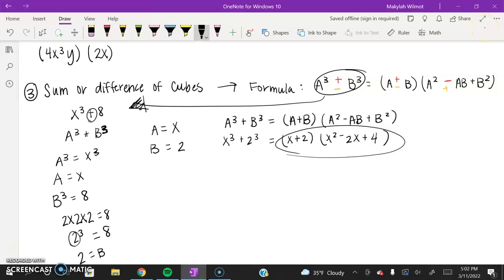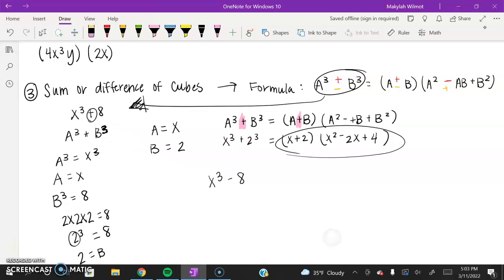So like if it's x cubed minus 8 instead of the positive 8, then this sign is going to become a negative, this sign's going to become a negative, and this sign is going to become a positive. So they're just going to switch signs on you. And that's it for this one.